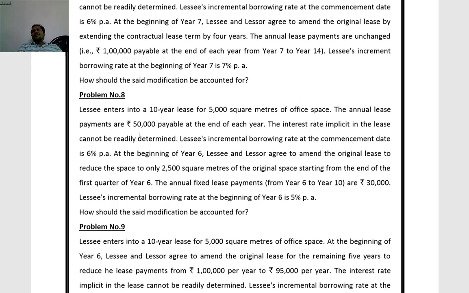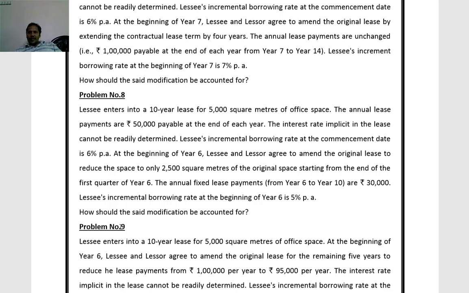Whenever the scope of the lease decreases, here from 5,000 square meters to 2,500 square meters, first arrive at the decrease in scope as a percentage. A decrease of 2,500 square meters is 50% of 5,000 square meters. So our lease scope reduces by 50%. Thereby reduce the lease liability and ROU asset proportionately.